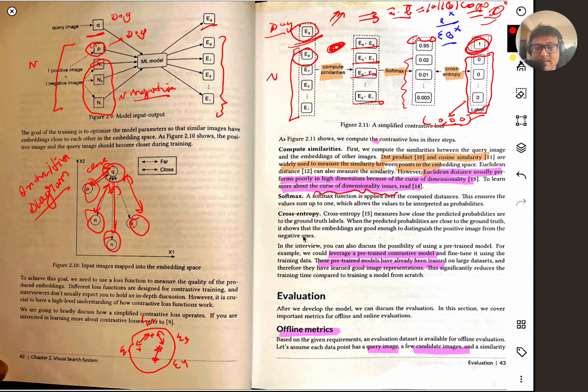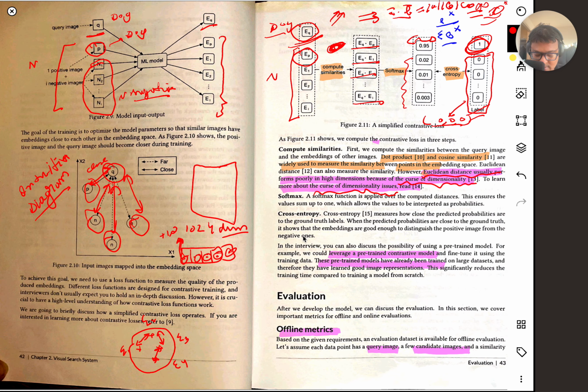So the Euclidean distance is generally not that great, because it faces this problem of the curse of dimensionality. And what does the curse of dimensionality mean? It basically means that when your dimensions grow, let's say you have a 1024 dimensional vector, and every one of these numbers can be any possible value between 1 to 10.